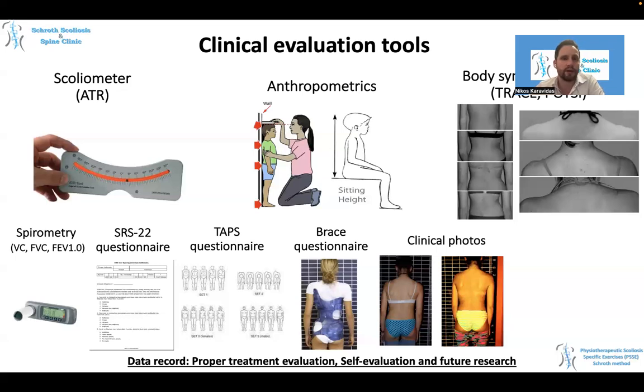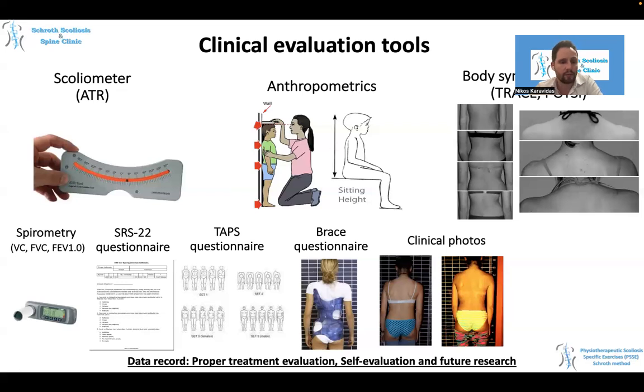One of them is the scoliometer, which is a very easy tool to use. You can measure your patient many times. We also use some anthropometric data, body symmetry indexes like the TRACE and the POCI. We can use spirometry for patients who have severe scoliosis, or we can have them fill in questionnaires that are designed for evaluating how the patient feels about the treatment result, and clinical photos, of course.